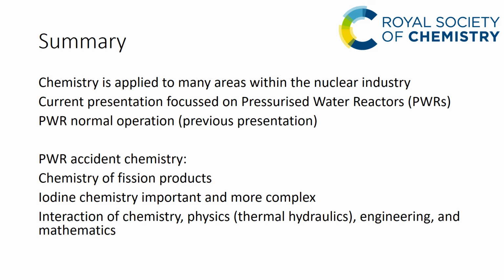And you'll have noticed in the presentation that there's an interaction of chemistry, physics, in other words, the thermal hydraulics of the system, the engineering, how the plant works, and the mathematical treatment of the fission products.